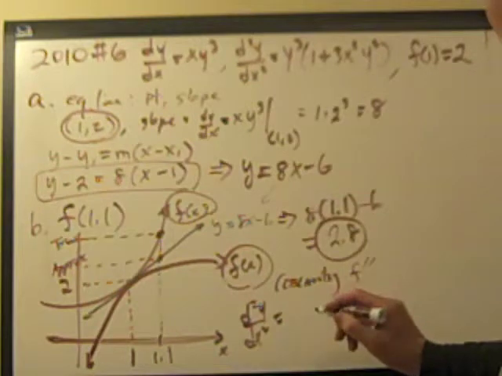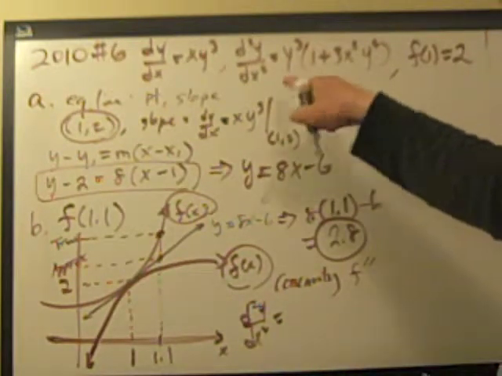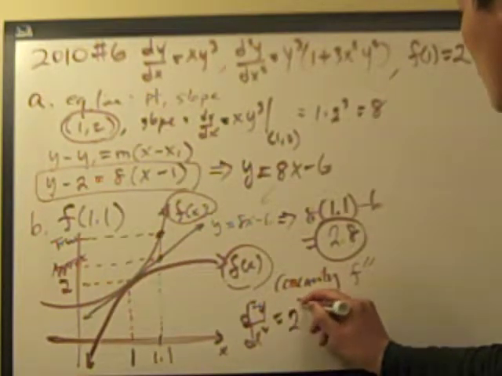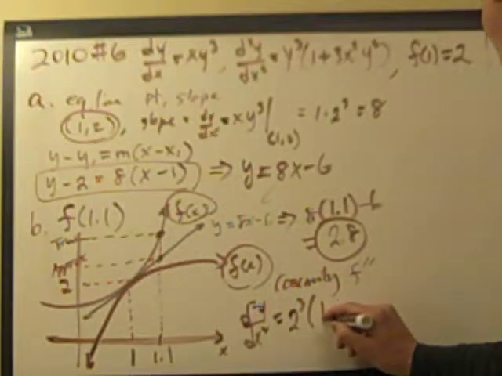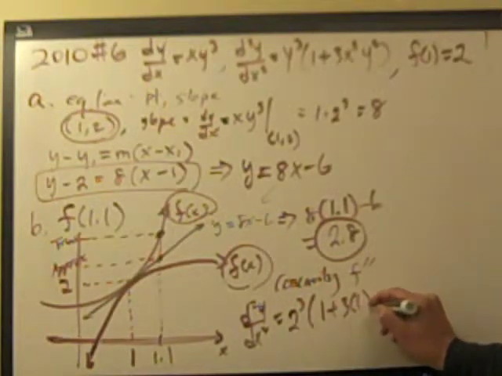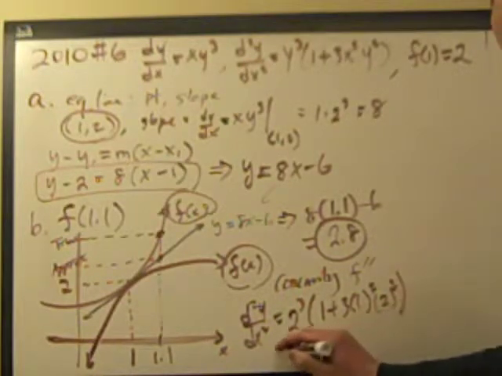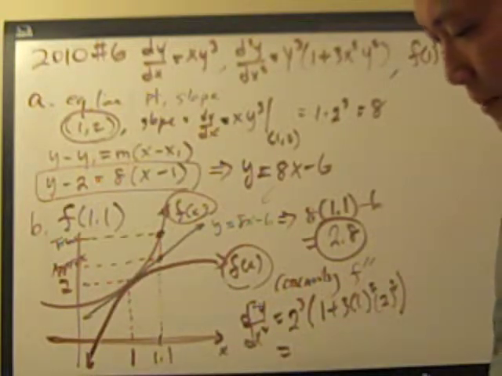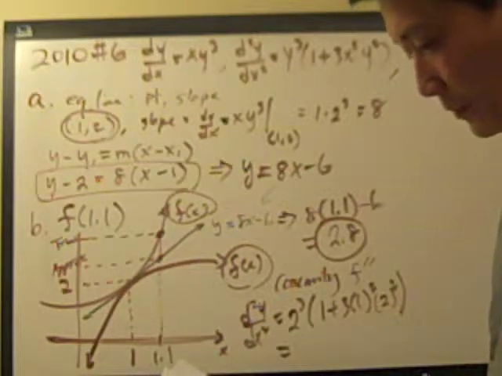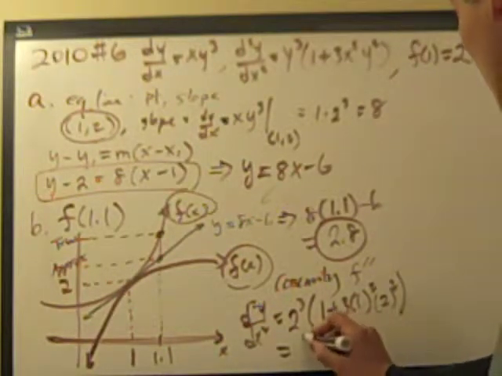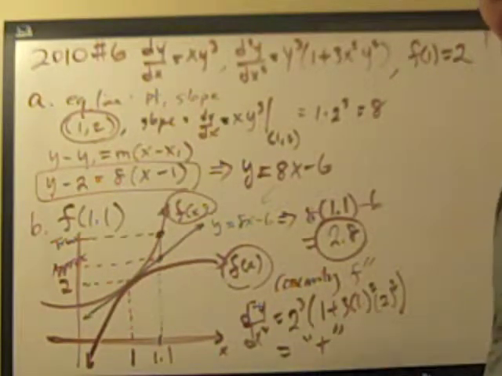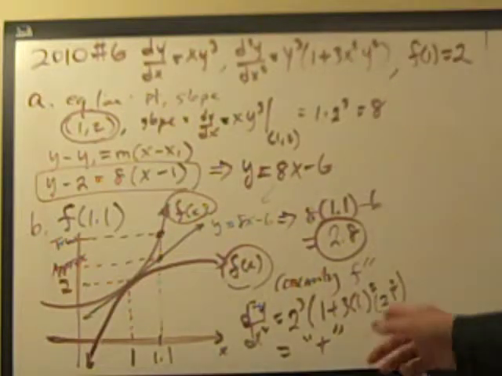Well, if that's the case, then I can put 2 into y, right? So 2 cubed times 1 plus 3 times 1 squared times 2 squared. And if I calculate this, my answer turns out to be positive. I don't even have to finish writing this. I just know that this is positive.